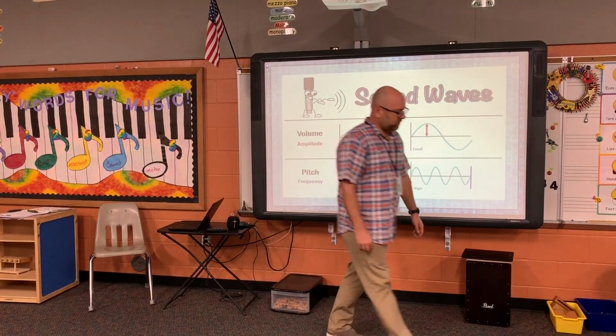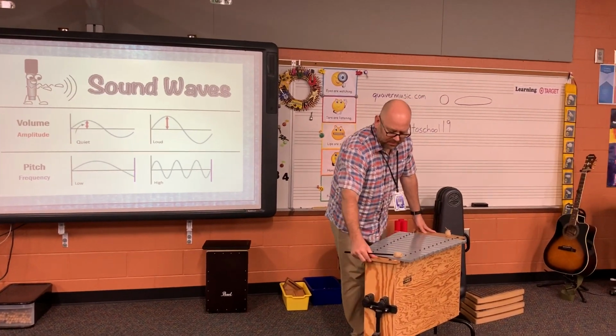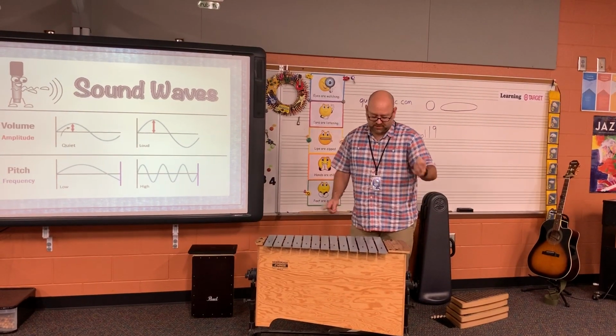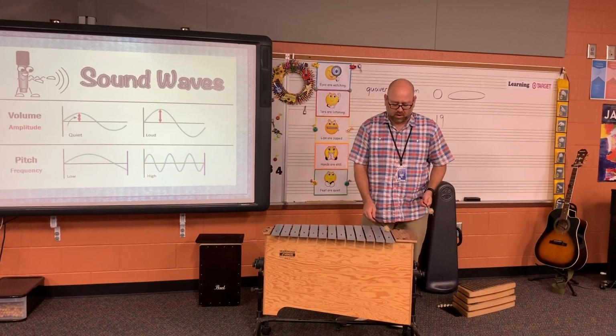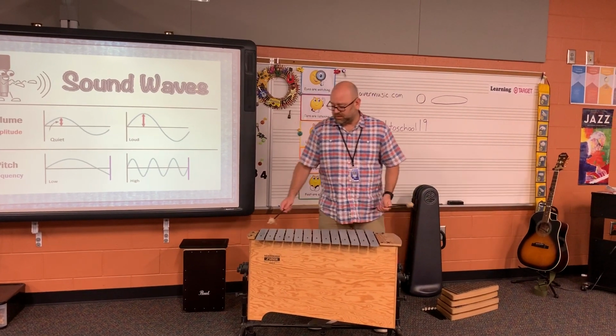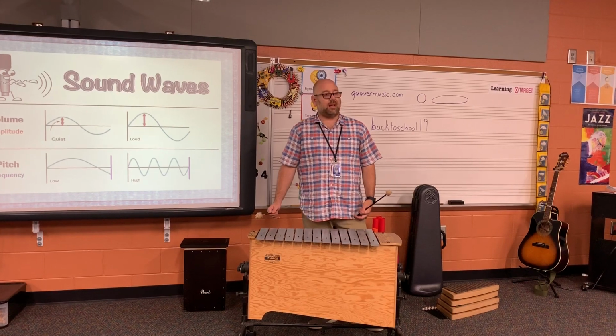Now, I wanted to demonstrate, I have a metallophone here, and this is a bass metallophone. So if I play something on one of the large bars, I get a low sound. And if I play something on the short bars, I get a very high pitch.